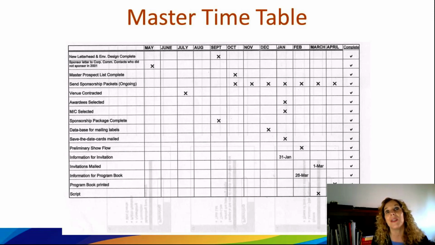This is when I had to develop the sponsorship package to give to the corporate committee for them to send out to their contacts. I had to do that at the onset so that we could get some sponsorship dollars in. And then as you look down, it just breaks down into categories, so you can adapt this to whatever event you're doing.